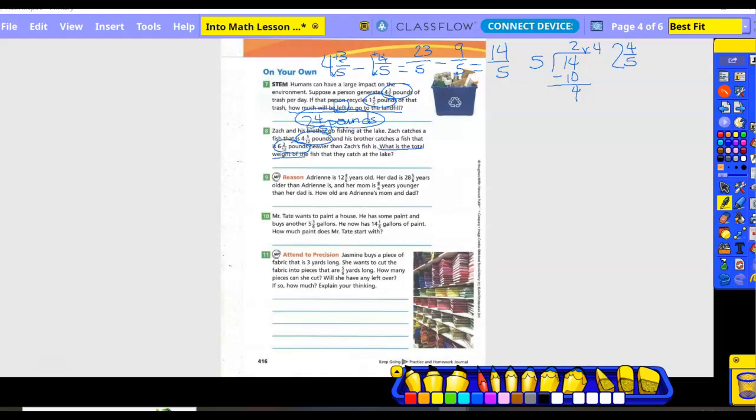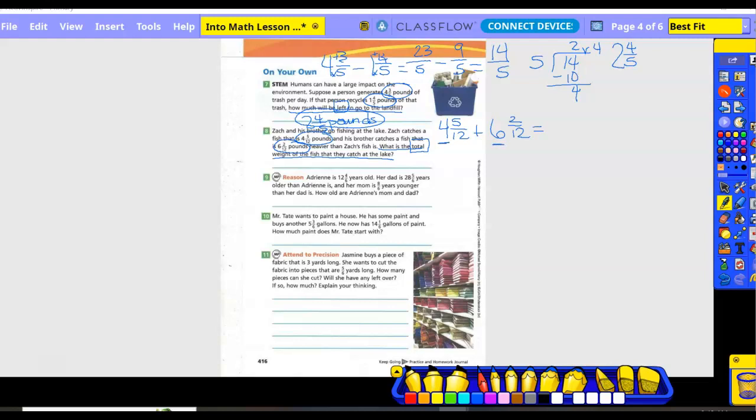So what do I need to put in a box? Total, because that tells me I'm going to add. Okay, so I'm going to do 4 and 5/12 plus 6 and 2/12. So I'm going to add my whole numbers first.